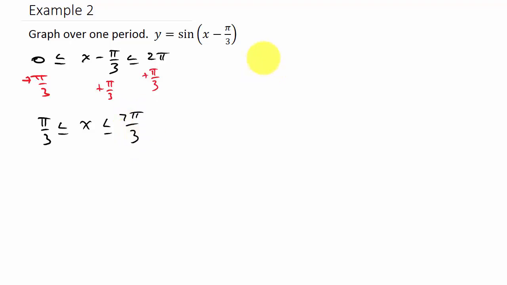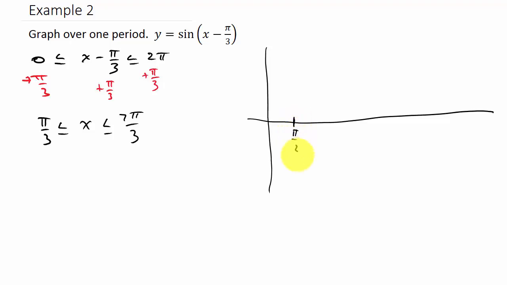Okay. Now let's draw our xy axes, starting at pi over 3 and going to 7 pi over 3. And for my max and min value, the number in front is 1, so that's going to be 1 and -1. Now let's break this up into 4 intervals.